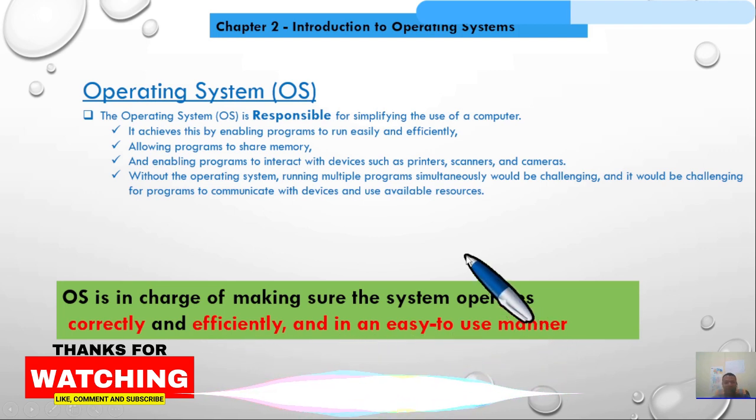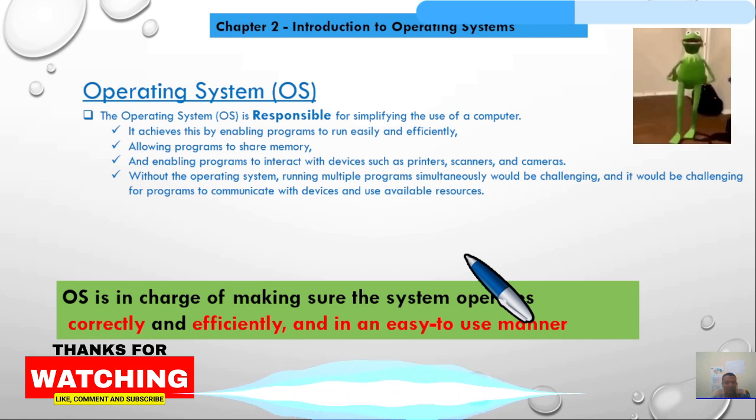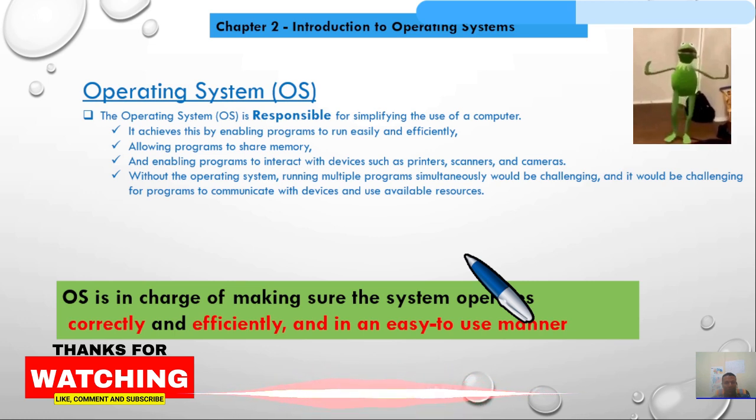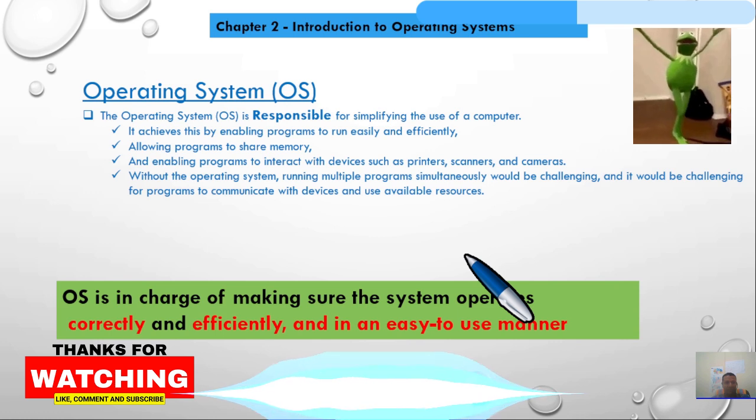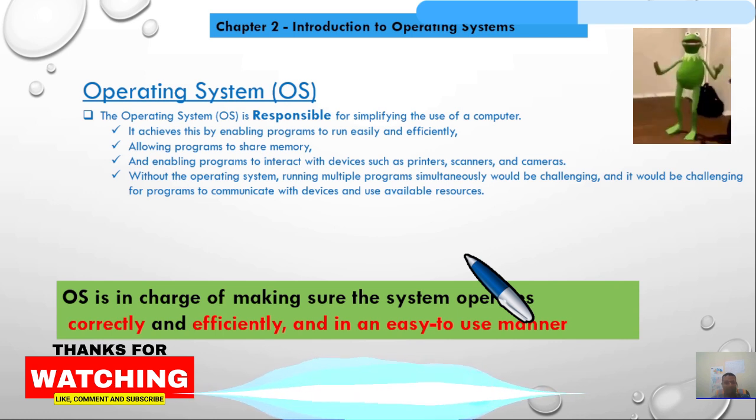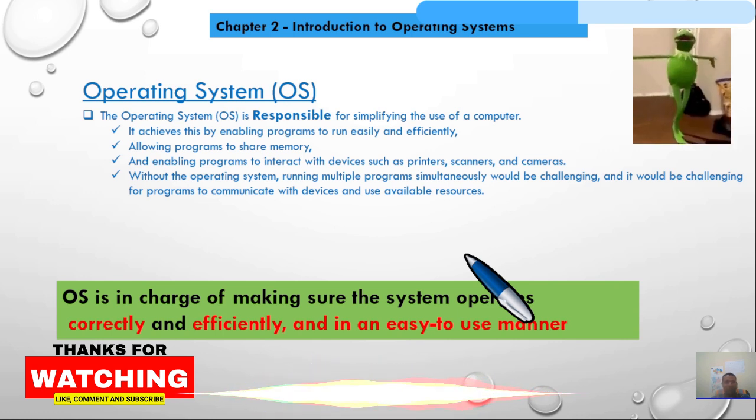The basic definition of an operating system is that it's an interface between the user and the hardware. The user uses APIs, application program interfaces, to utilize things which are provided by the operating system through APIs and system calls. We will come to that a little bit later.